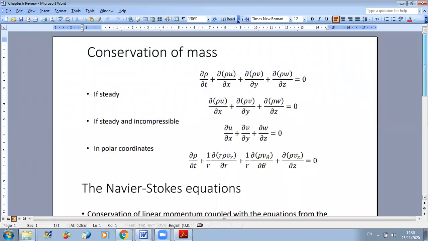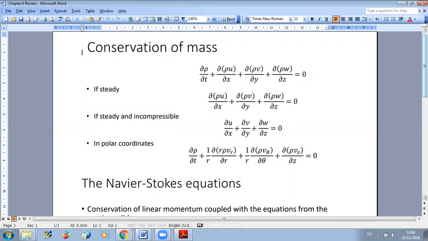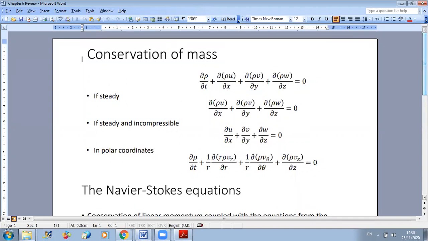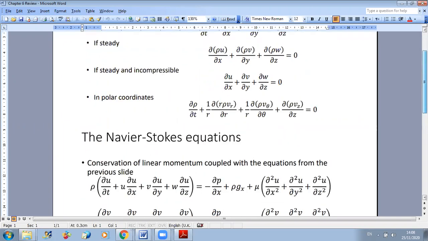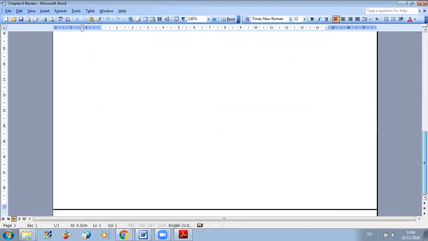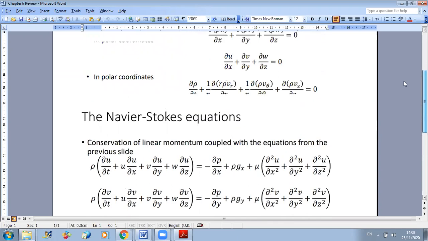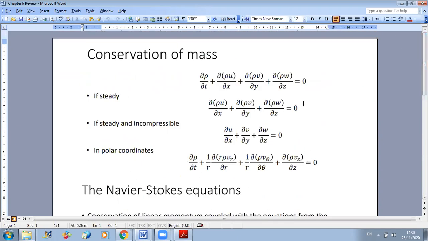Do you see the formula sheet now? Yes. Okay. So from the formula sheet, we will start by applying the continuity equation.